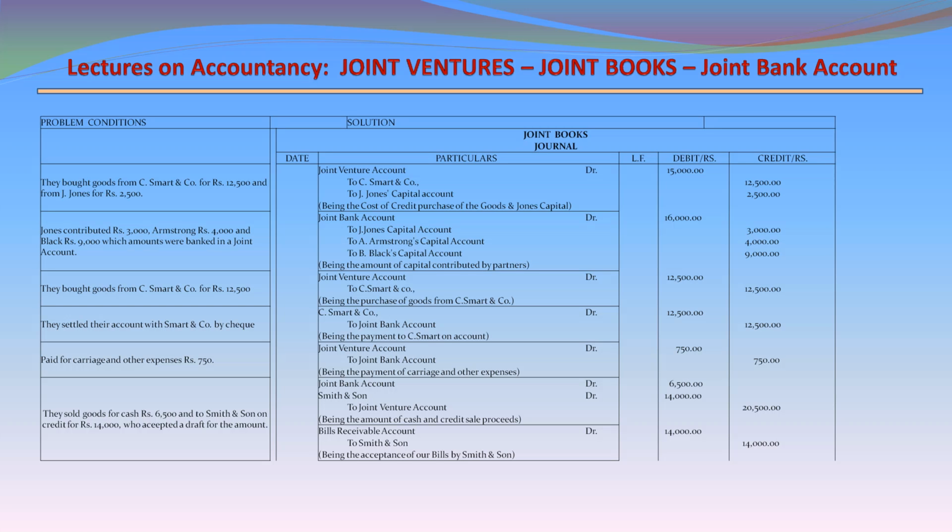Joint bank account debit 6,500 towards cash sales, Smith and Son 14,000, to joint venture account 20,500, being the amount of cash and credit sale proceeds. Bills receivable account debit 14,000 to Smith and Son 14,000, being the acceptance of our bill by Smith and Son.